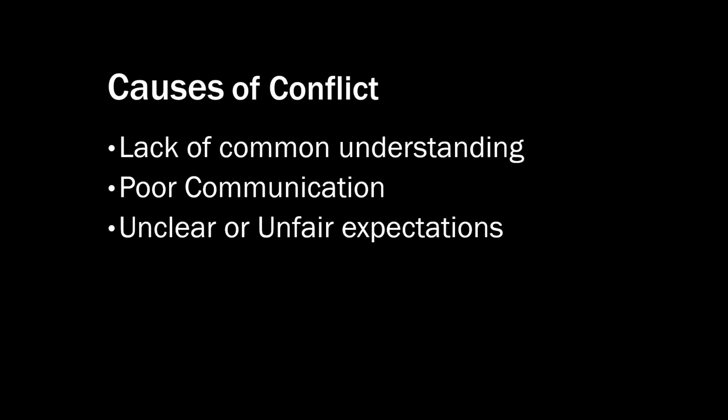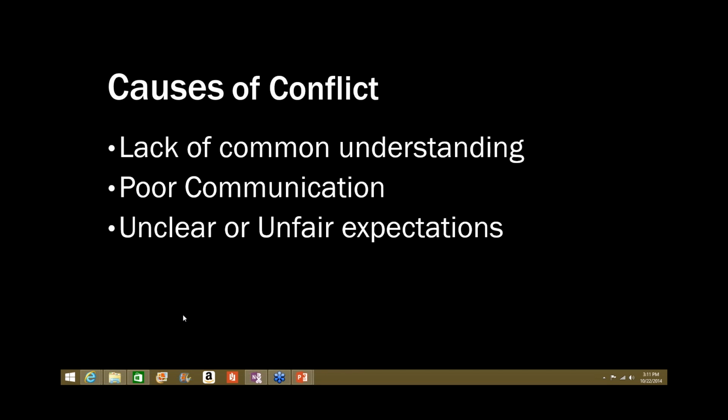Well, that certainly brings us to our next point here, which is, what are the causes of conflict? With that, what we find is there's a lack of communication, a lack of common understanding, poor communication, and unclear or unfair expectations.